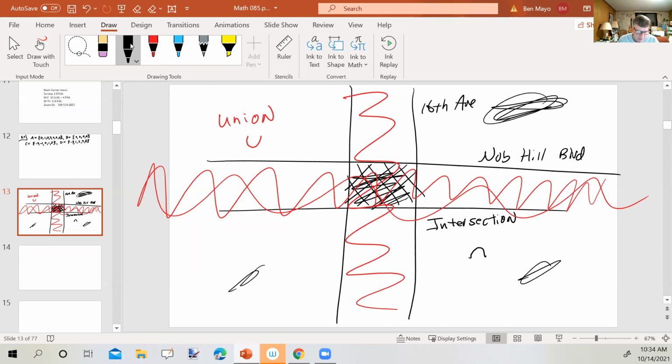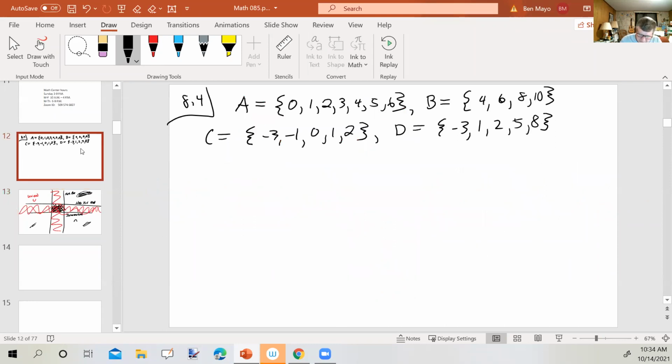Okay. So now let's go back to this group of sets, and let's consider the following. A intersected with D. So we want the set of numbers that are in A and at the same time in D. So let's see, that would include 1, 2, and 5.